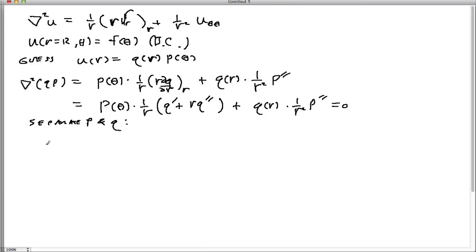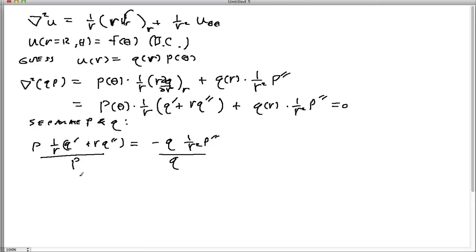So we're going to have our P and our 1 over r times Q prime plus r Q double prime, and that's all going to equal minus Q times 1 over r squared P double prime. So I'm going to divide by Q here and divide by P here.